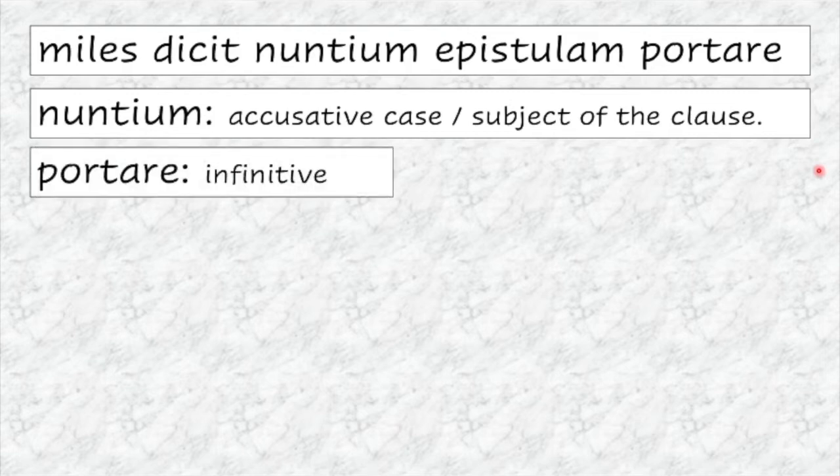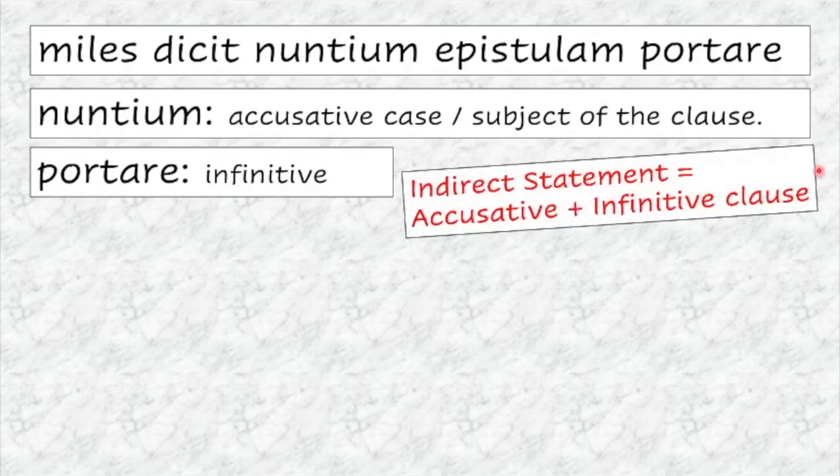And the verb, is carrying, is infinitive, portare. So indirect statements in Latin can also be called accusative plus infinitive clause. That's because the subject of my indirect statement is expressed with the accusative case, and the verb is always an infinitive.